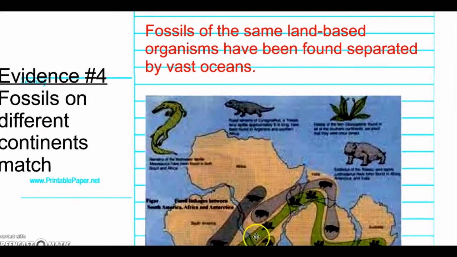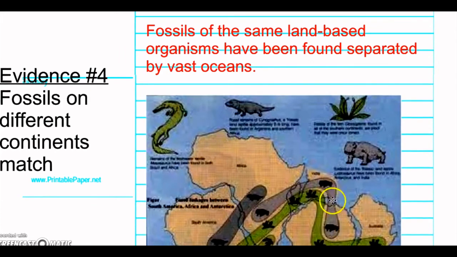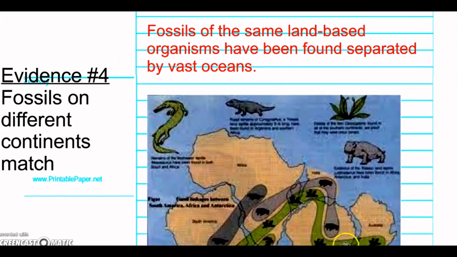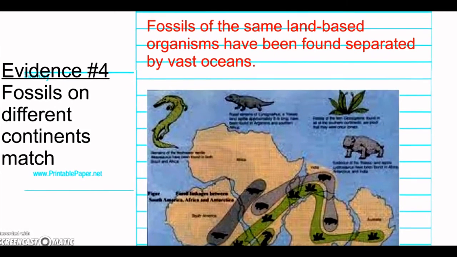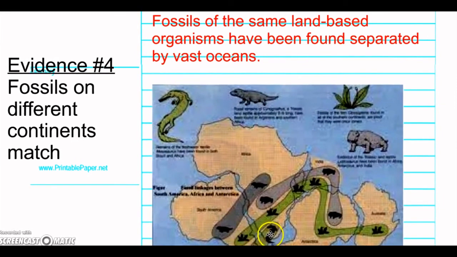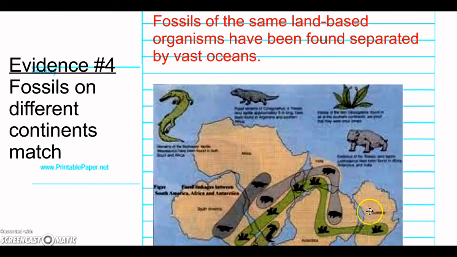And this is what an old ecosystem would look like. If these were put together 200 million years ago, this is like where the ecosystem is over this time. Fossils of the same land-based organisms have been found separated by vast oceans, because right now there are vast oceans between all of these land masses that we've pulled together.